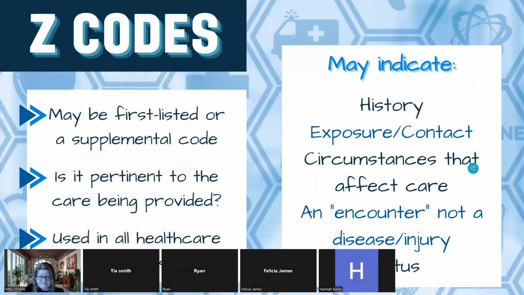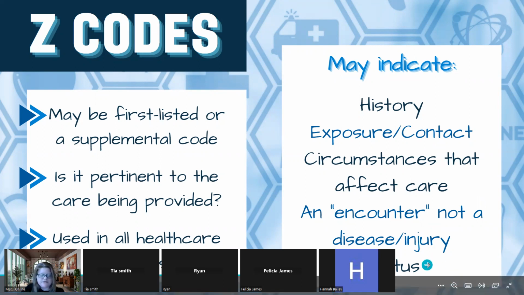Circumstances that affect care. And I'm having trouble coming up with an example for that one right off the top of my head. An encounter, not a disease or injury. Also, an example off the top of my head is not coming forth. But exposure or contact would be one of those. It's an encounter, but it's not necessarily a disease. They just were exposed, right? And then it can also let you know the status.